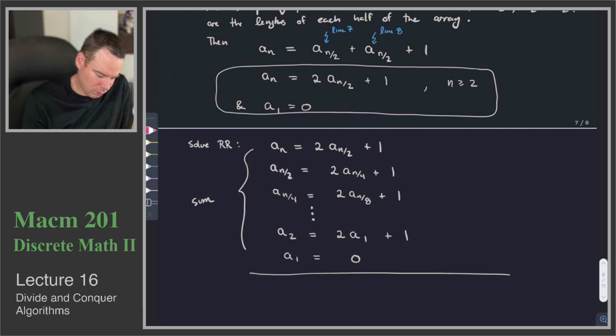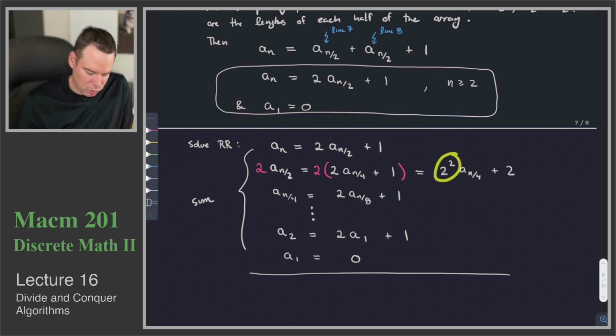I have 2 a n over 2 on the right, so I'm going to have to make this one a 2, which means I'm going to scale through this by 2, and so it becomes 2 squared a n over 4 plus 2. Now I've got a 2 squared in front of a n over 4, so I need a 2 squared in front of it on the next line. So I'm going to have to scale through by 2 squared.